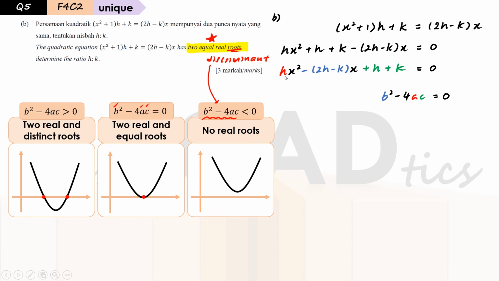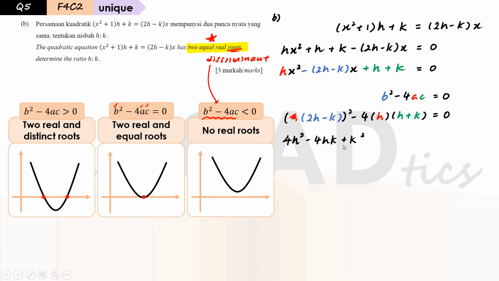Let us substitute these three values inside the discriminant here. Once you substitute, it will be something like this, and let us simplify the equation again. If we square a negative, negative times negative is positive, so we can just ignore this one. Here we just need to square the things inside.